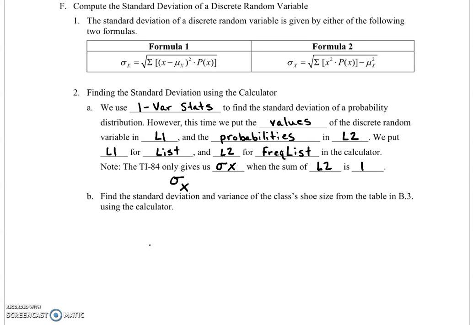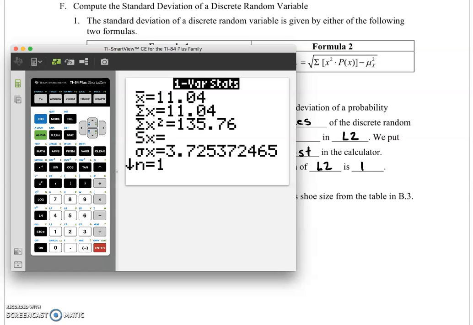So if we go back to our shoe sizes from before, we should be able to get the standard deviation. Hopefully you did not clear that out. I have my screen right here. So if you notice, before when we found the standard deviation in chapter 3, when we were finding the standard deviation of a sample, we had a value for Sx because S is for a sample standard deviation.